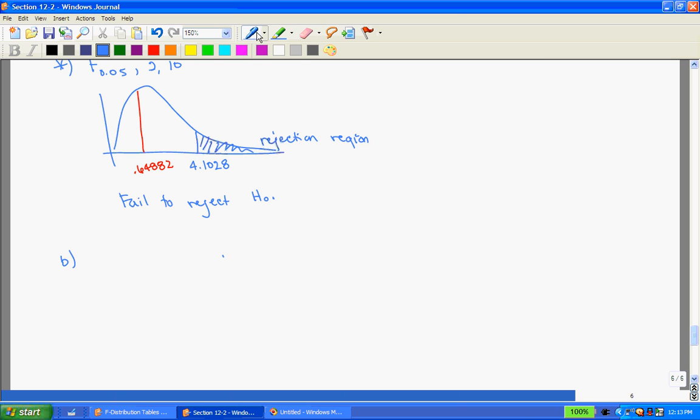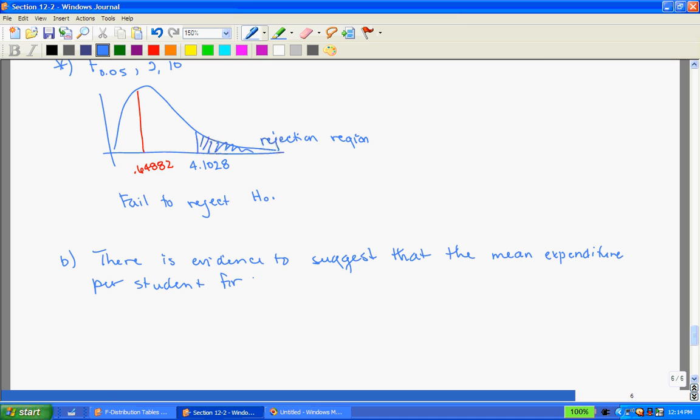You've got to be careful in statistics. There is evidence to suggest, since we're accepting the null, that the mean expenditure per student for the different sections of the country are the same.